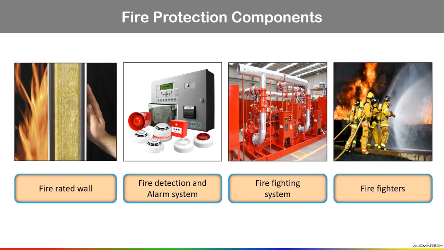Now the fourth component is firefighters. These firefighters are trained to control and put out fire. They connect hoses to fire hydrants and operate pumps to power the hoses to help control the fire. So these are the fire protection components.